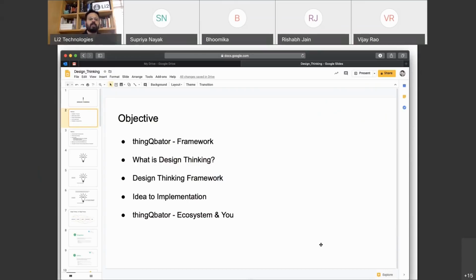We are going to talk about what design thinking is in a broad way, and then bring out a framework, then talk about your ideas, and eventually see how we can implement them. Prototyping is a big part of the session.